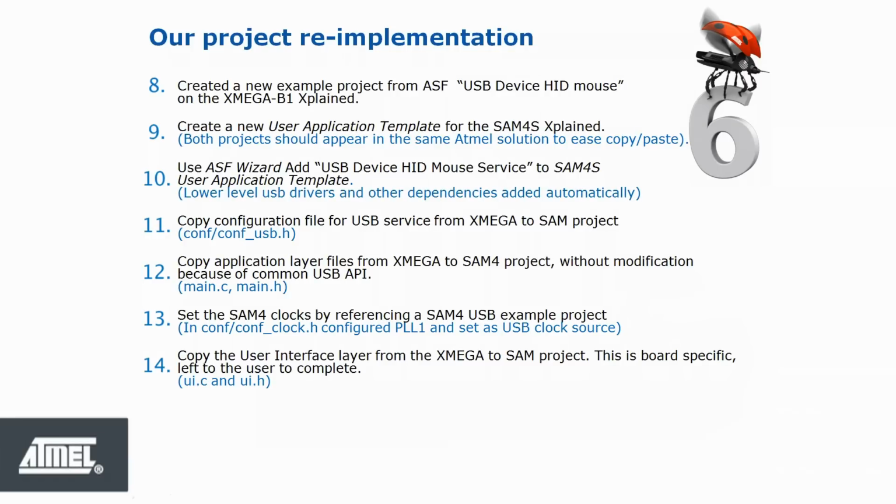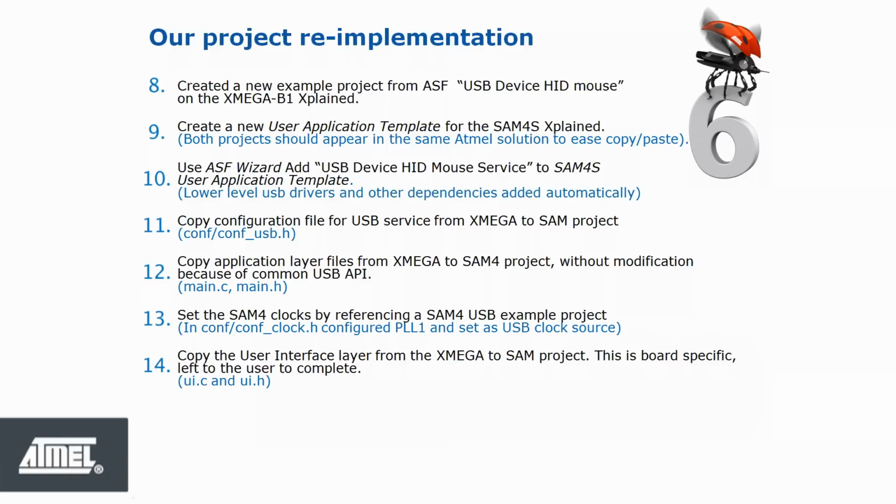8. Created a new example project from ASF USB device HID mouse on the Xmega B1 Explained. 9. Create a new user application template for the SAM4S Explained. 10. Use ASF Wizard to add the USB device HID mouse service to the SAM4S user application template. 11.